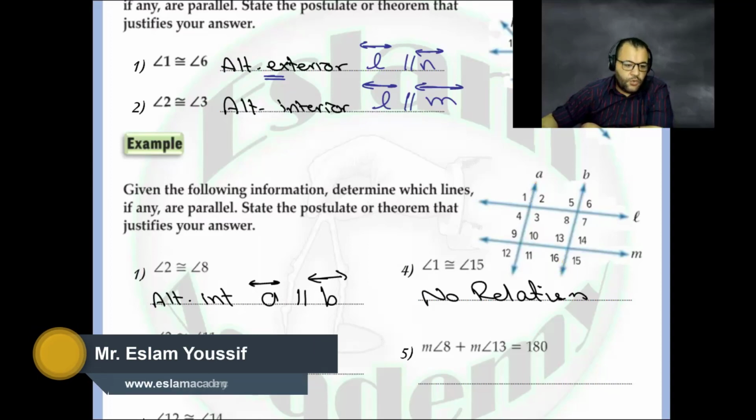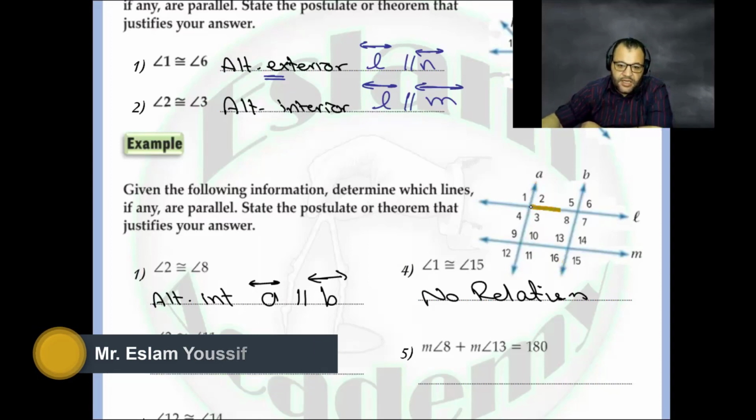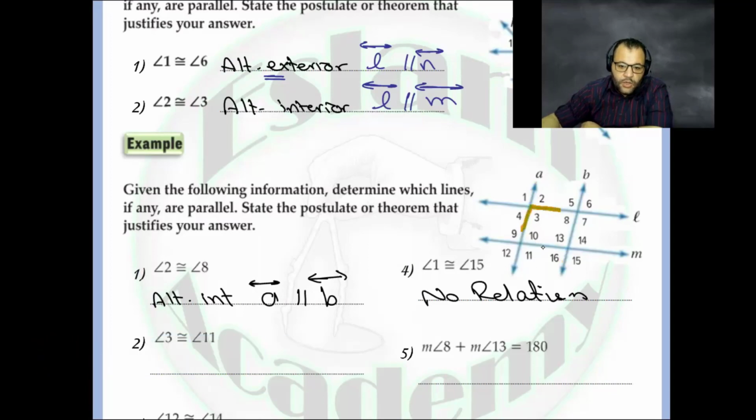Now, angle 3 and angle 11, they are equal. Where is angle 3? That's angle 3. So I will continue again with angle 11. Can we join between them? Yes. If I draw this line, I can join between them. So which letter do I have now? F. That's angle 3 and that's angle 11.